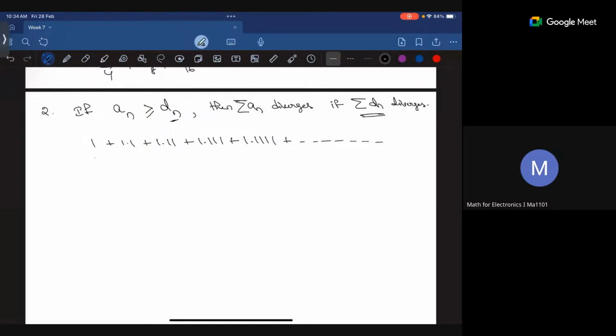Okay, so what you have to come up with is, okay, just a second. Let's take a very simple one. Let's take this first. Okay, so this is our dn series, and we know this is divergent because our common ratio is greater than 1.